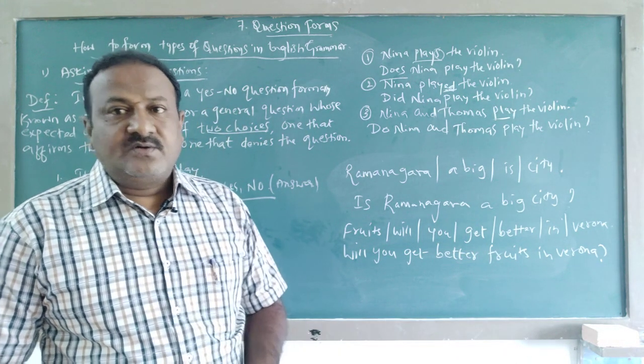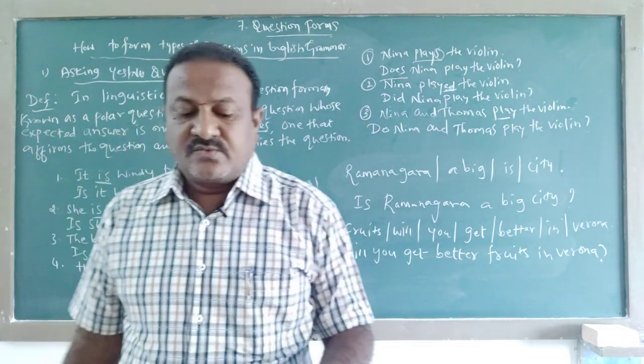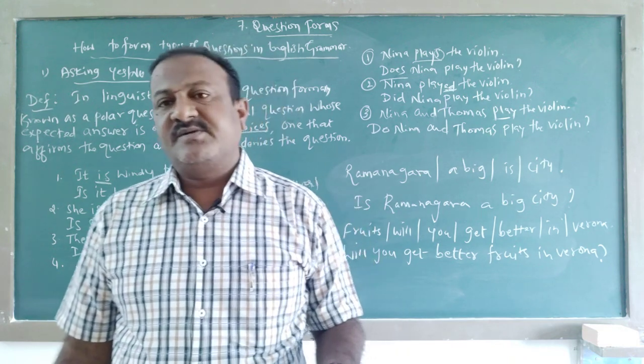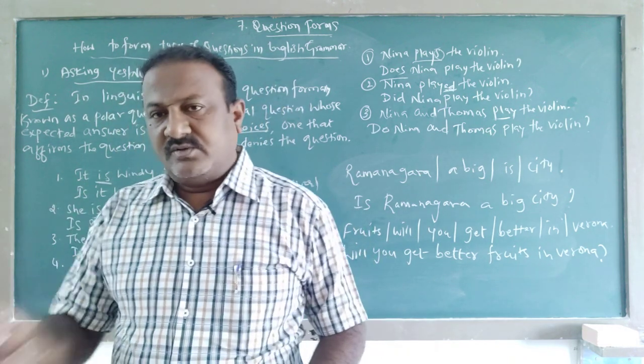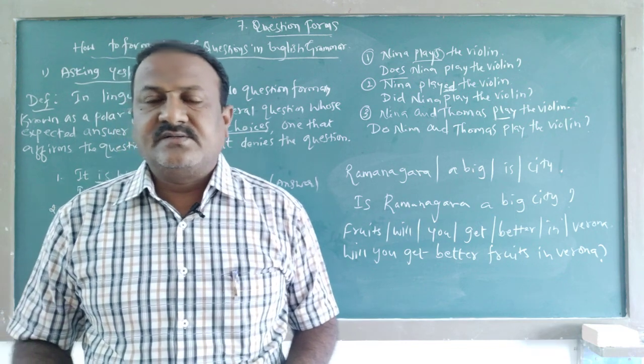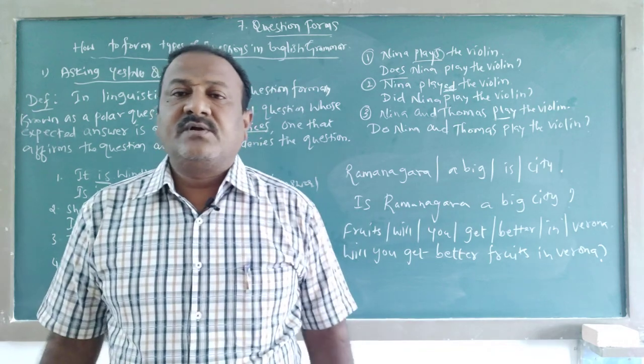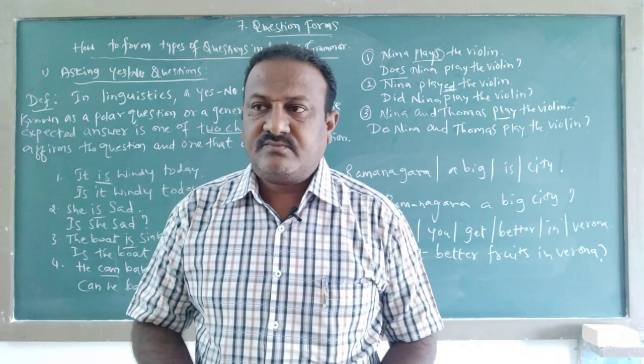And another one, like this: write yes or no questions using the statements given below. According to that, you must write it. Like this, you have to do it in your workbook.